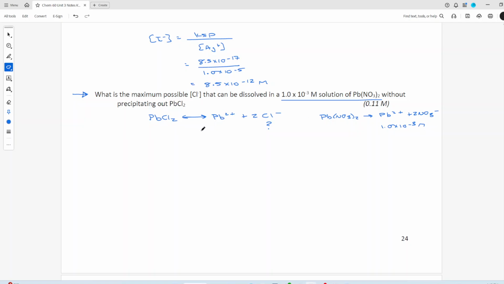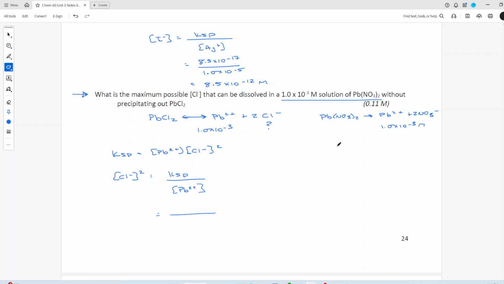So we'll set up KSP. KSP is equal to lead times chloride squared. We want to find the maximum concentration of chloride, so I'm going to rearrange this formula, but I'm not going to put the square root. So chloride ions squared is equal to KSP divided by the concentration of lead.